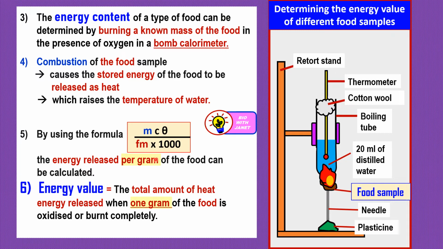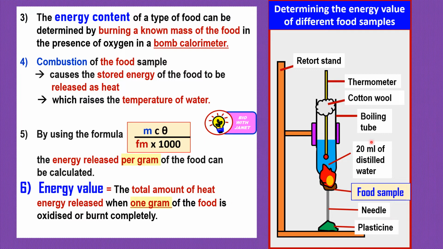We will discuss this formula afterwards. And theta here is the difference in the temperature, difference between the final temperature and the initial temperature. Now C is the specific heat capacity. So the energy value is actually the total amount of heat energy released when 1 gram of each food is oxidized or burnt completely.